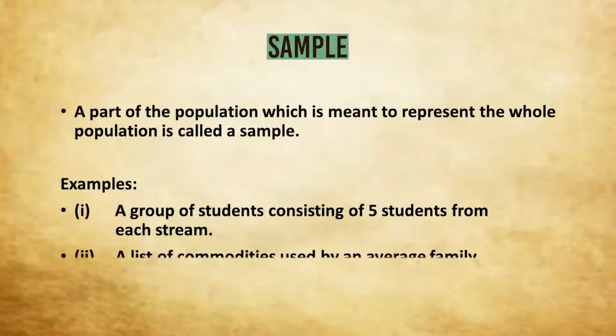Similarly, when we are talking of consumption pattern, instead of considering all possible commodities in a market, we can think of a list of commodities that is used by an average family. So you see, these are basically the parts of the given population, but these are used to represent the whole population. So one problem comes to our mind, we have to remember this thing, that how to represent the population, that problem is to be addressed.